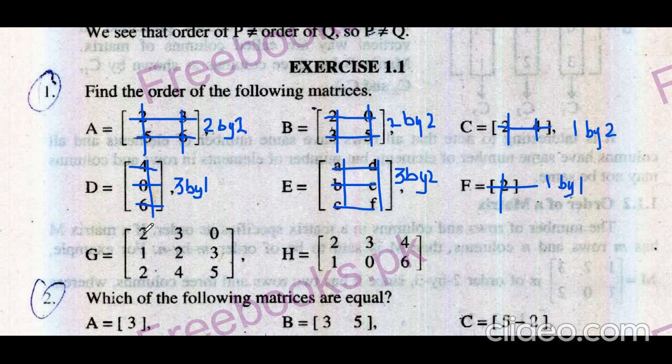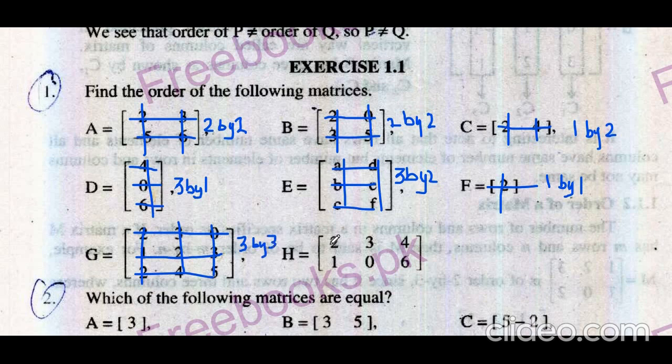What is the order of matrix G? Check how many rows are there. Row 1, row 2, row 3. How many columns are there? Column 1, column 2, column 3. So the order of matrix G is 3 by 3.